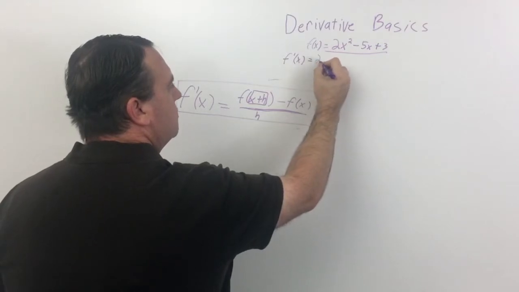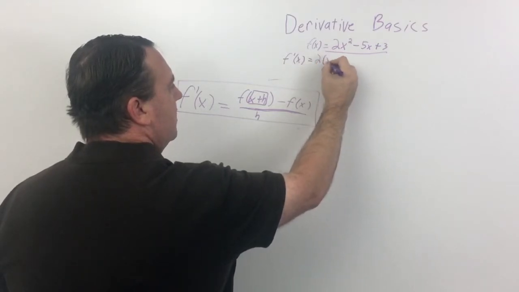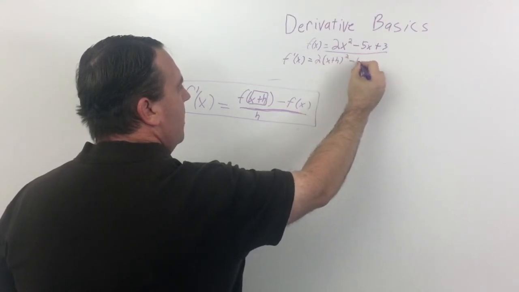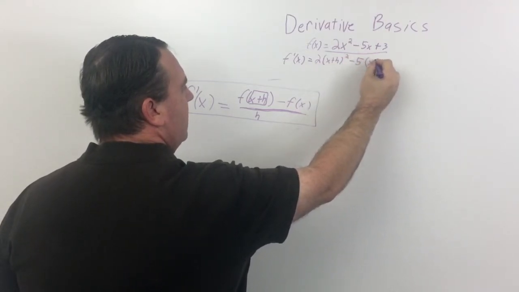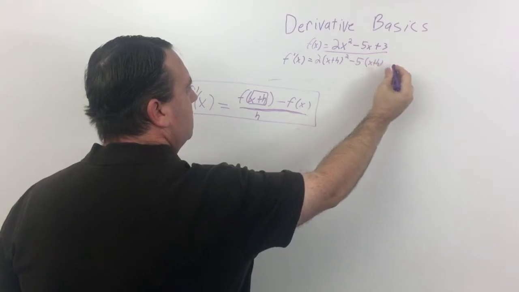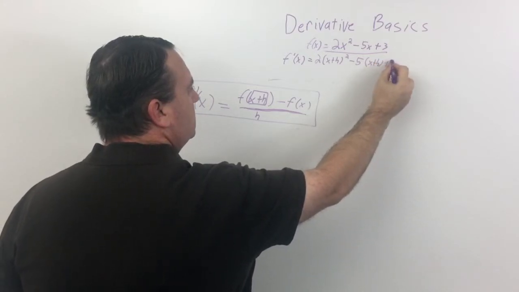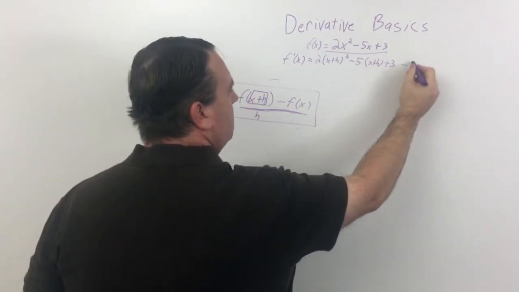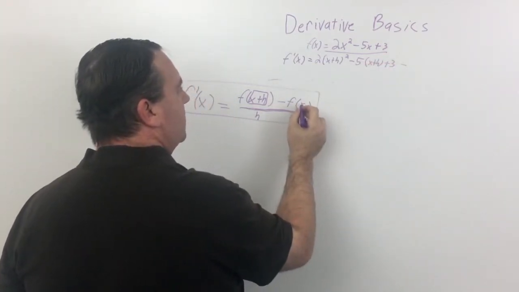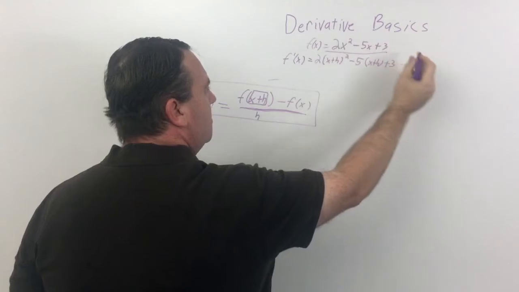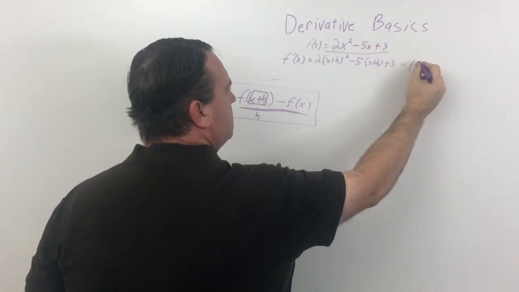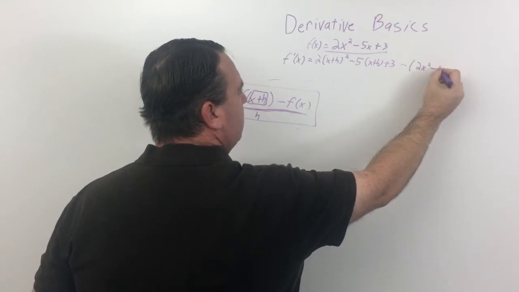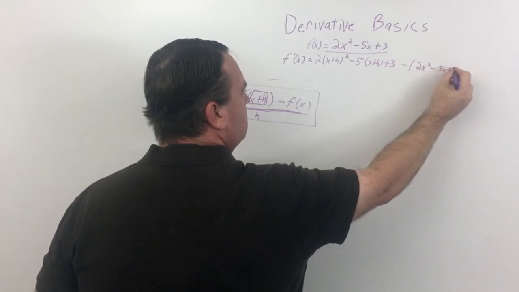So it's going to be 2 times (x plus h) squared minus 5 times (x plus h) plus 3, minus, and now we're just putting in x for x, so we just repeat this formula, minus (2x squared minus 5x plus 3).